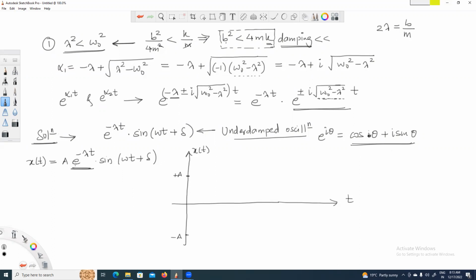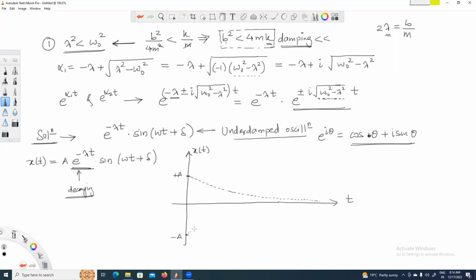This term is exponential of minus lambda times t, and with b and mass being positive, lambda will be a positive number. So minus lambda t is basically a decaying term, decaying with respect to time. If I plot the exponentially decaying function, it will look like this, and as time proceeds, it will go to 0 eventually, right?